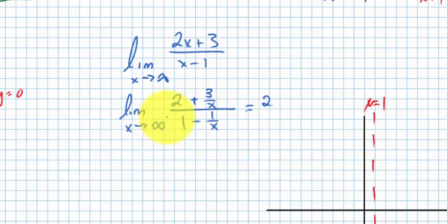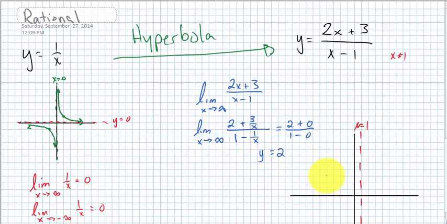But as x approaches infinity, 3 over x gets closer and closer and closer to 0. As x approaches infinity, the 1 on the bottom, the 1 don't care what x is doing. 1's another honey badger. We've got 1 minus 0. So this limit is equal to 2, and that becomes the equation of our horizontal asymptote, y equals 2. We show that on the graph as such.